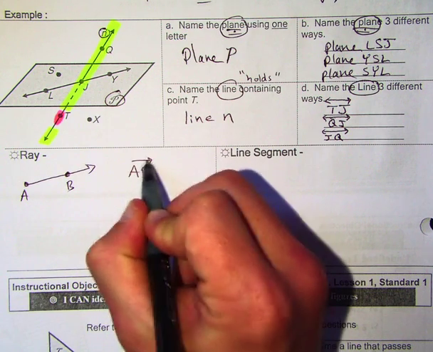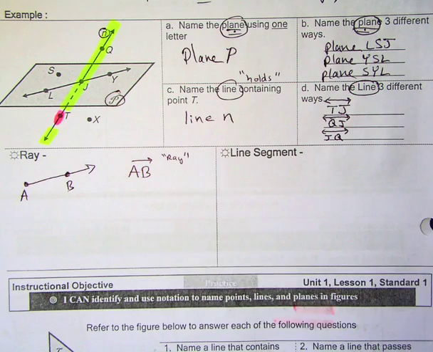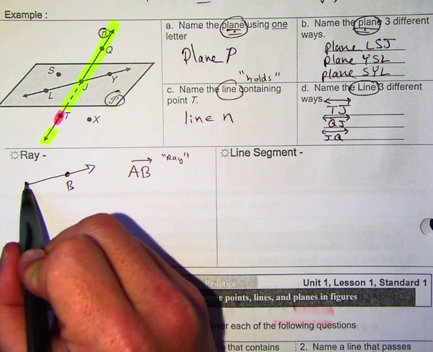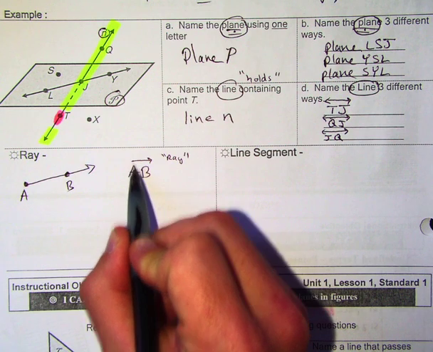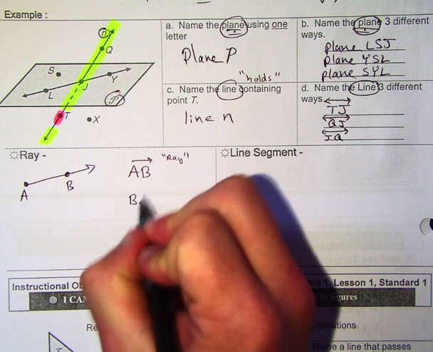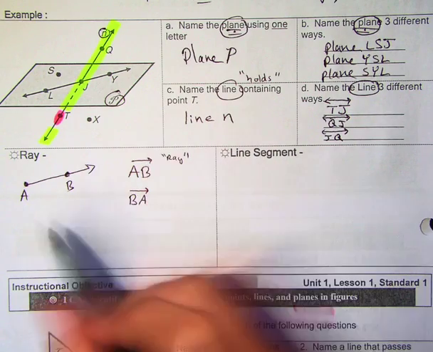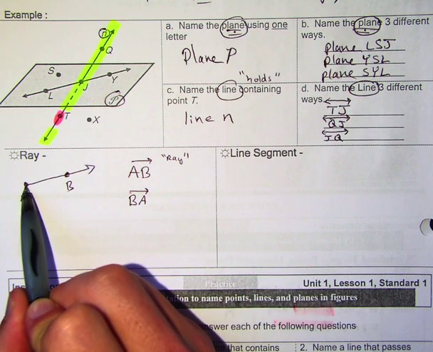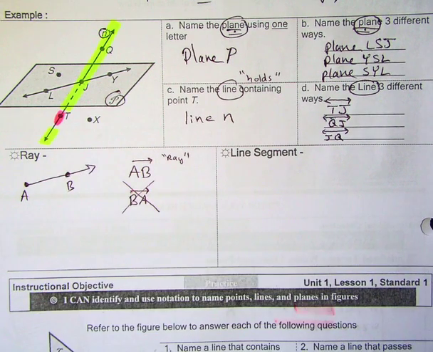But notice when I draw this symbol on top, which you speak ray, ray AB, it starts here at A and shoots through B, just like my symbol up here starts above A and shoots through B. For example, if I were to switch this around like I could for a line, this here is wrong because it doesn't start here at B, it starts actually at A. So this is incorrect.